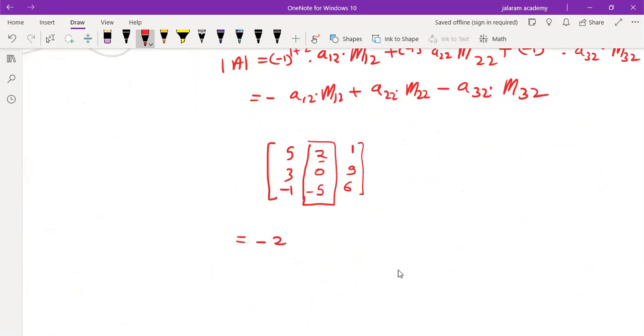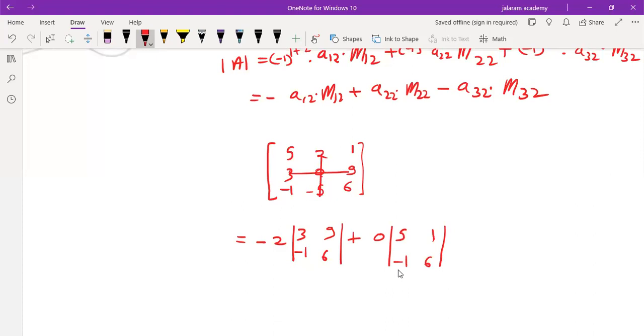The element is 2 into the determinant obtained by deleting first row and second column, which is 3 minus 1, 9, 6. Plus 0 into the determinant obtained by deleting second row, second column: 5 minus 1, 1, 6.